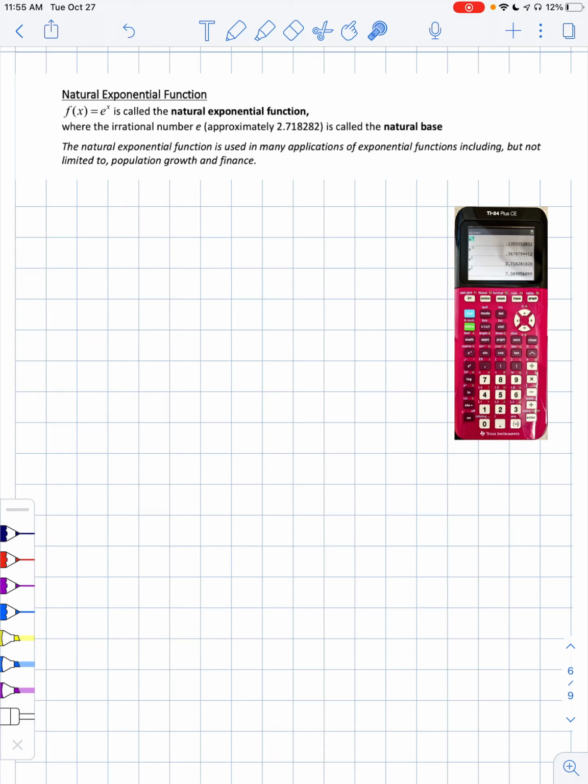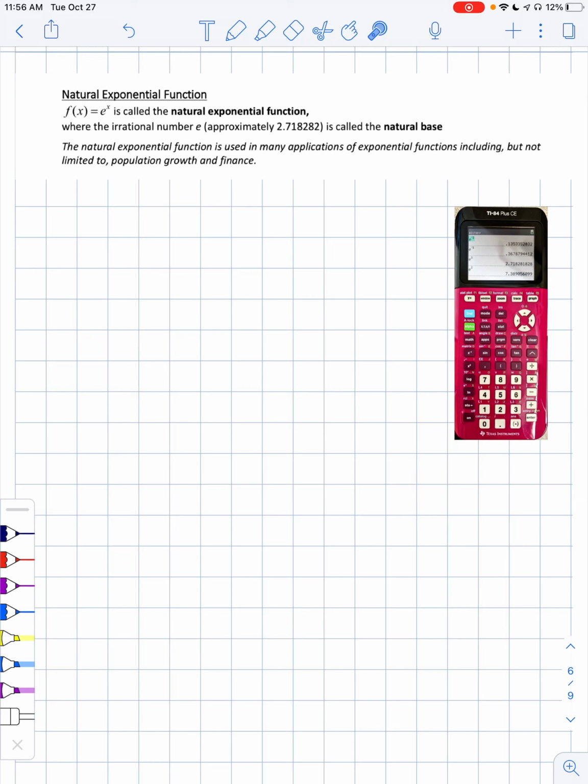Now this base in particular is useful in a lot of different application problems. So if you're looking at something like population growth, different finance examples like compound interest, or maybe the growth rate of some sort of epidemic, how these things grow over time tend to be exponential, and the natural exponential in particular is a really good way to model a lot of these application problems.